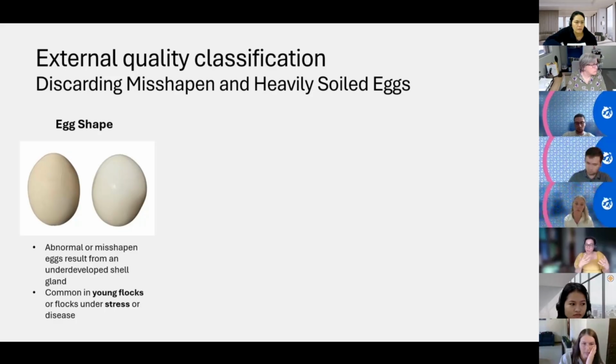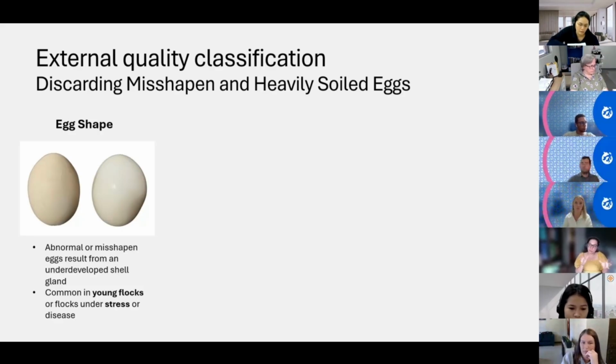Is it abnormal or misshapen, which can make it very hard to identify the large end or the sharp end of the egg? Because I need to make sure that I am setting the eggs in the right position in the setter tray. The sharp end should be down and the large end should be up. So if the egg shape is not quite good, it's going to be very hard to determine that position.